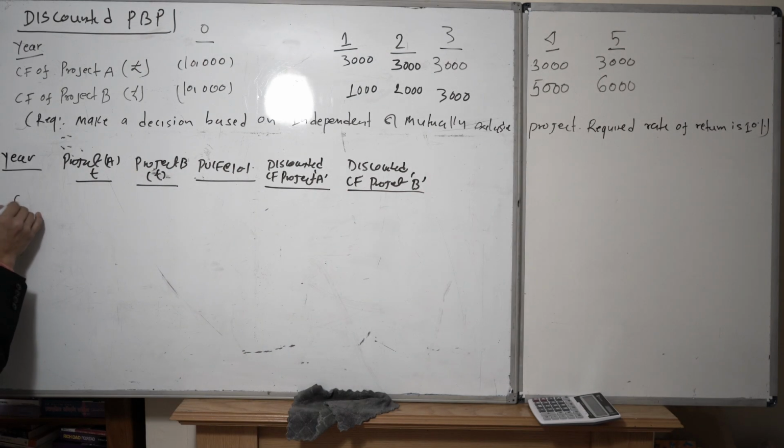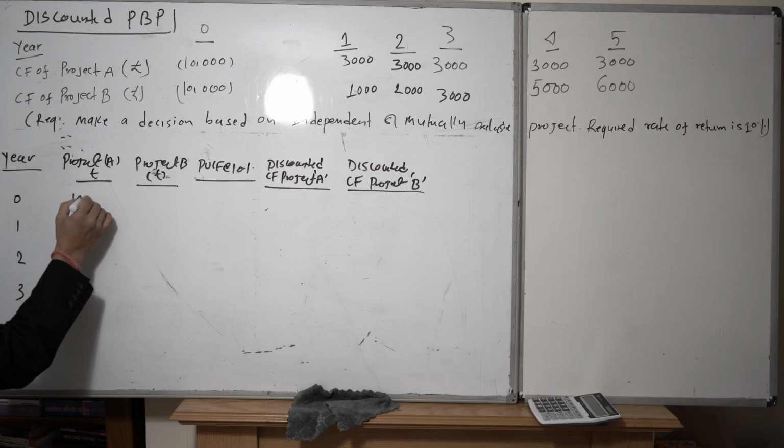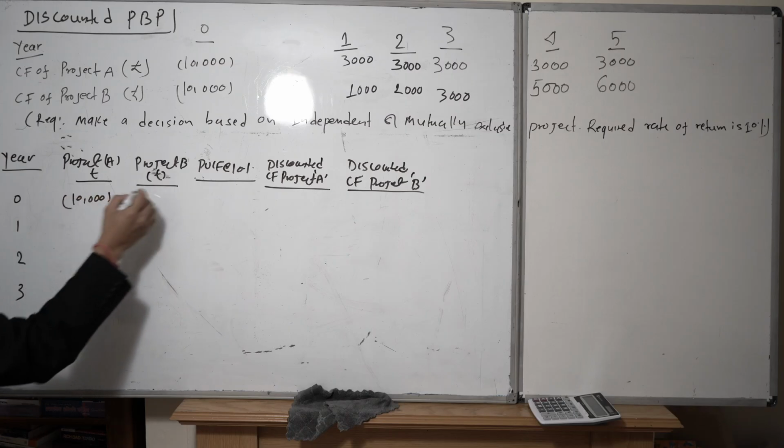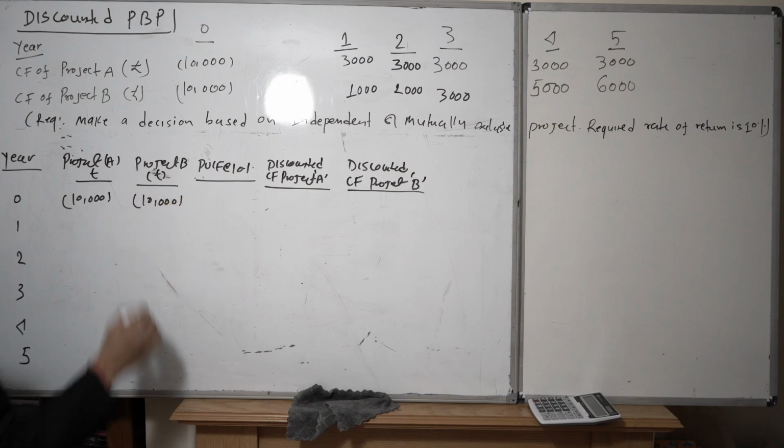Now let's put all the values here. Starting from 0, 1, 2, 3, 4, 5. The cash flow in year 0 for project A is minus 10,000. For project B also it's minus 10,000.